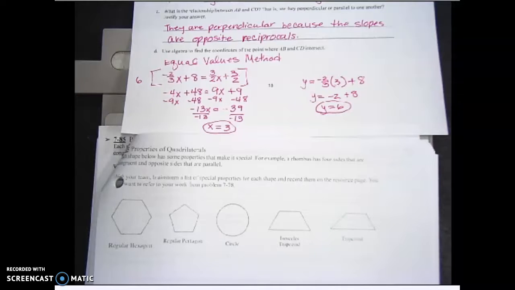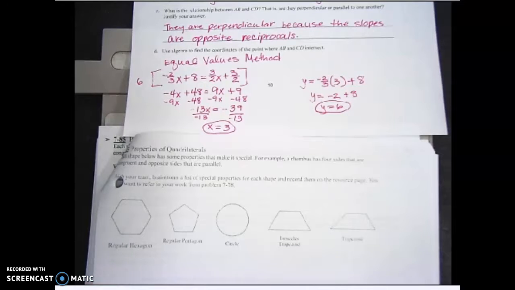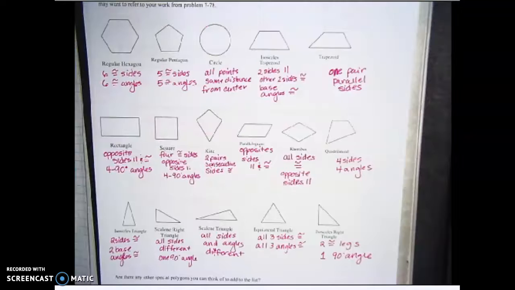With your team, you're going to brainstorm a list of special properties for each of the shapes, and it says you're going to record them on a resource page, but you're just going to record them on here because there's enough room. And then you may want to refer to your work from 778. After you're done writing all these in, if you need more time, I'll put them back up after we do page 20.